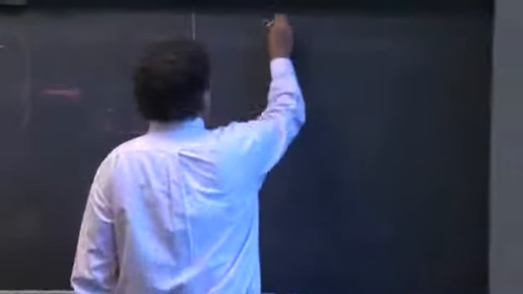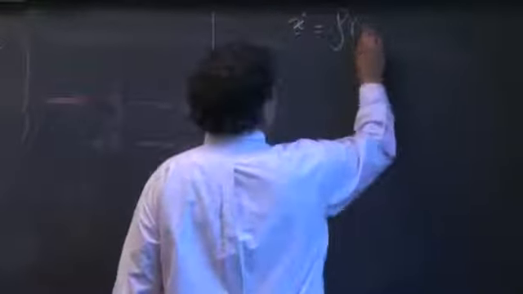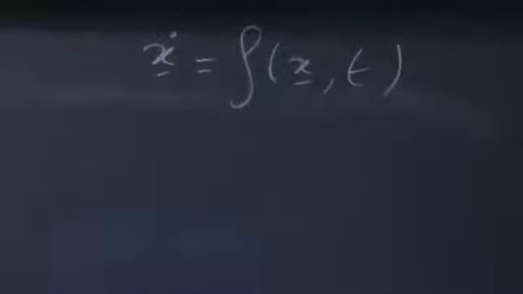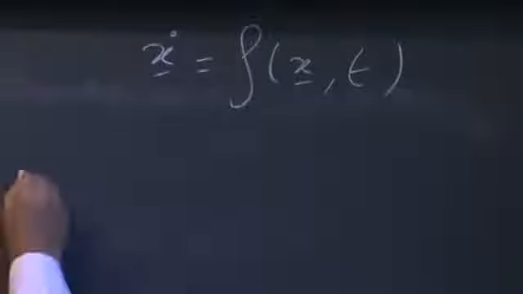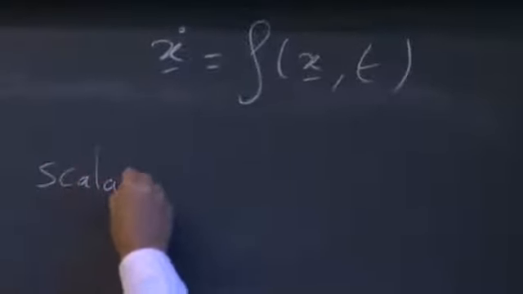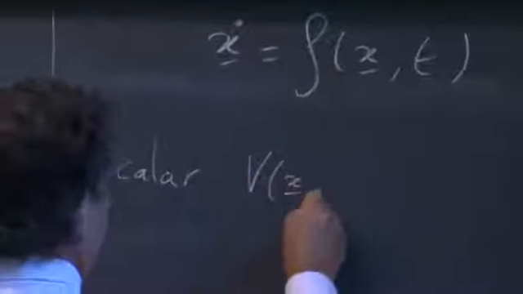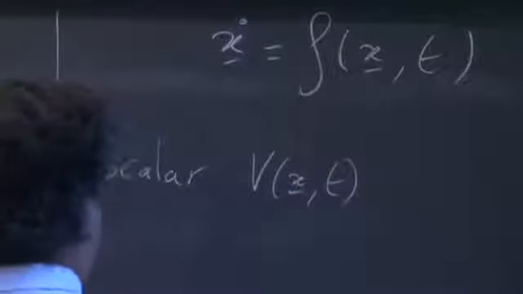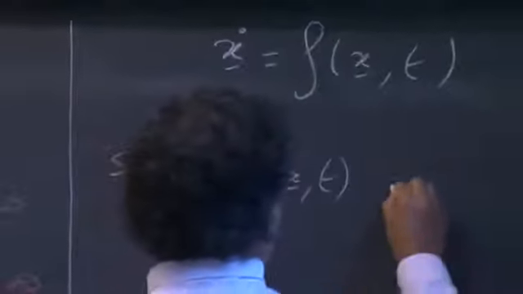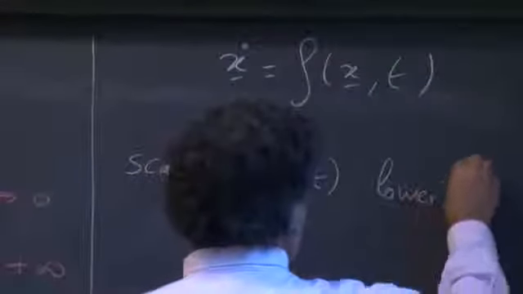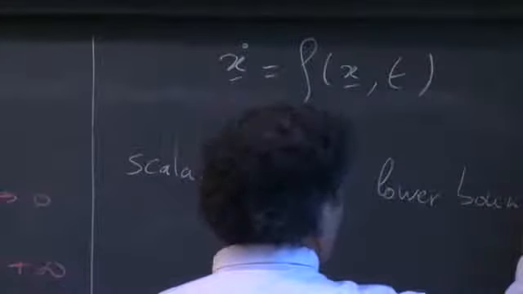So suppose you start with a non-autonomous system, x dot equals f of x and t, and you somehow find a scalar function v of x and t, which is lower bounded, perhaps by 0, but in general lower bounded.